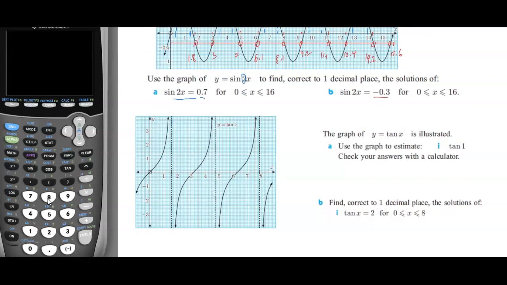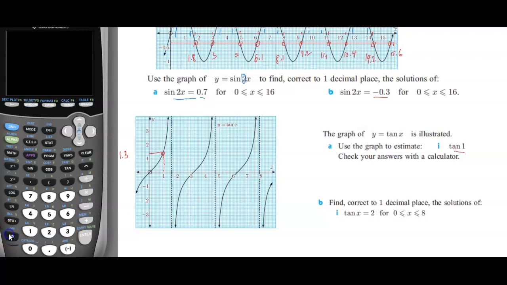The graph of y equals tan x is illustrated. Use the graph to estimate tangent of 1. So tangent of 1 would be about here. The y value looks like it would be about, I don't know, 1.3. Okay. Check your answer with the calculator.